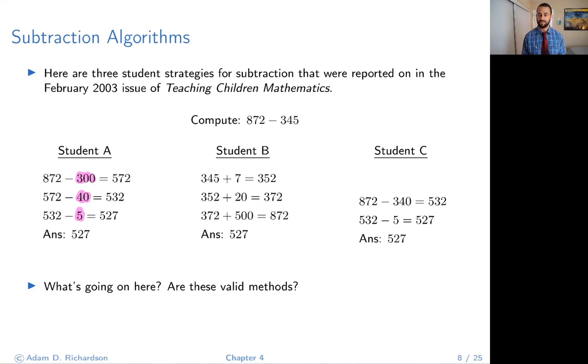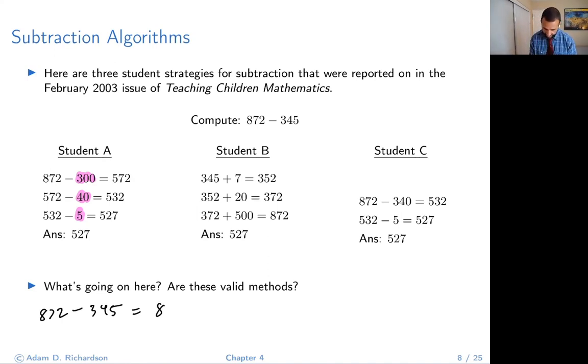Absolutely, 100% valid, right? You believe me, right? No, no, you should never believe me. Never say yes, right? We should be able to show that this is actually true. Luckily, it's actually not too bad because the student is trying to compute 872 minus 345. But we can decompose 345 into hundreds, tens, and ones because of our numeration system.